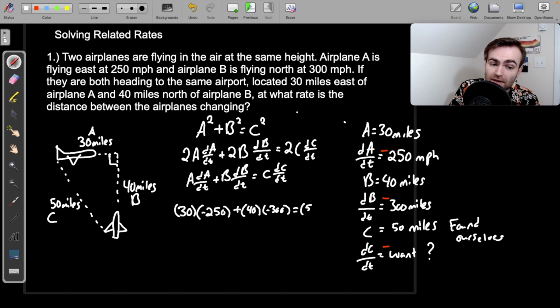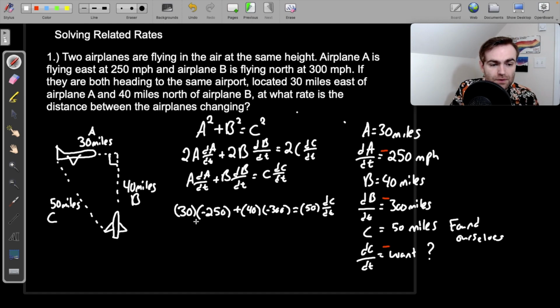Remember, we found that, it wasn't given to us, times this dC dt, which is what we want. And if you notice, what we want is the only unknown thing we have left, so we can solve for it.